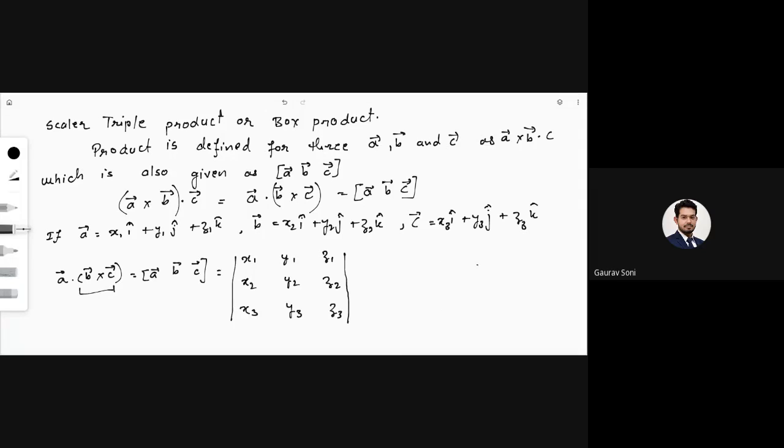What will be B bar cross C bar? I, J, K; X2, Y2, Z2; X3, Y3, Z3. And this you are taking dot product with X1 I plus Y1 J plus Z1 K. So this I will be multiplied to I, and that will make the first entry as X1, second entry as Y1, third entry as Z1, then X2, Y2, Z2.